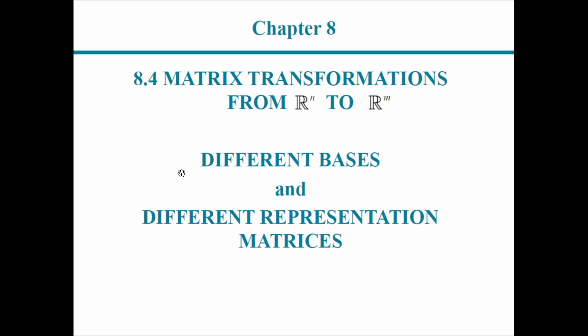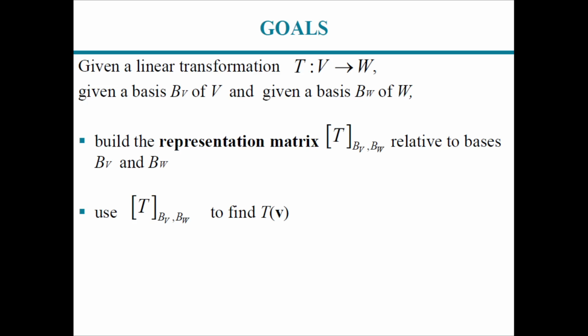And what we want to see is what happens when we have different bases for the inputs and outputs, for the input space and output space, and how does that affect the representation matrix? So each time we change basis for one of the linear spaces, we will get a different representation matrix. So what we want to see is how to do all this.